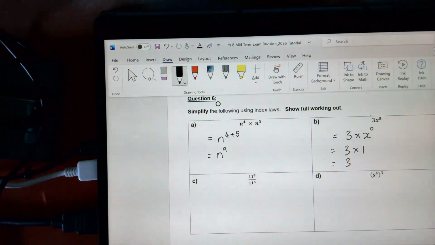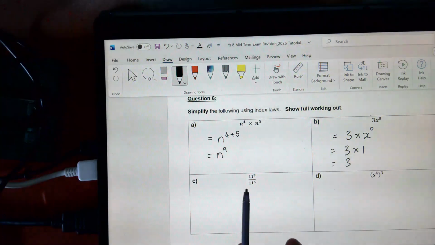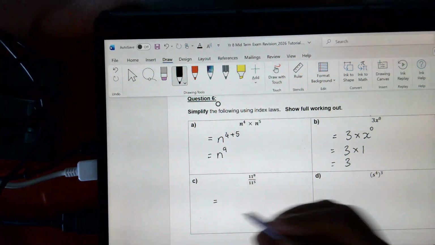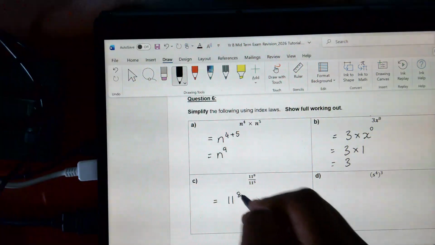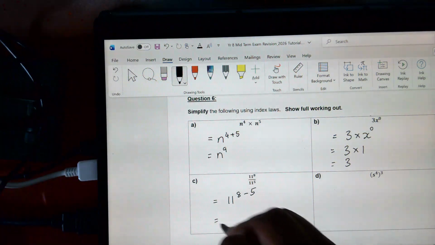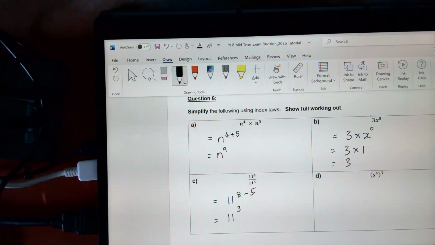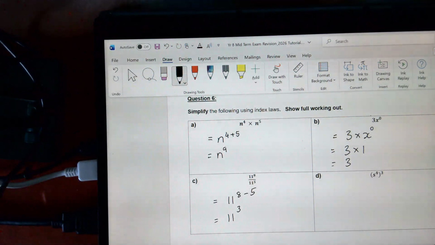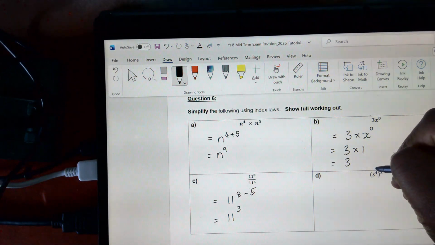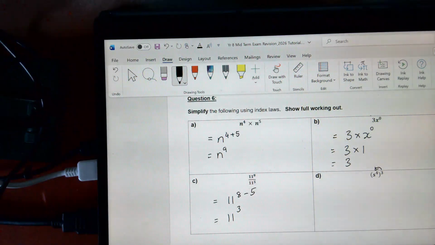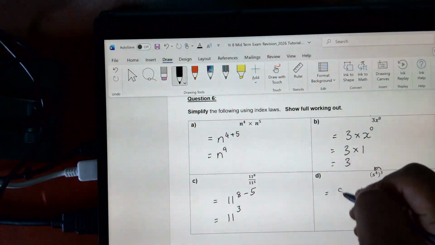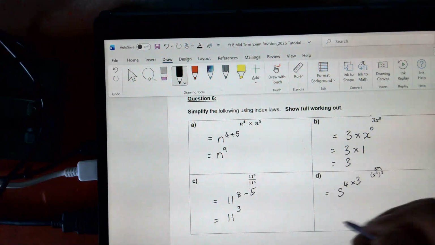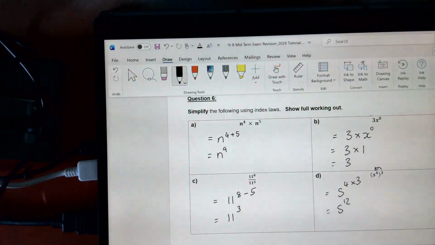When we divide indices with the same base, we take the powers away. So this is going to be 11 to the power 8, take 5, which is 11 to the power 3. And the last one, when we're raising a power to a power, we multiply the powers. So this is s to the power 4 times 3, which is s to the power 12.